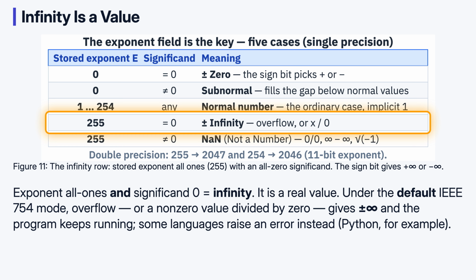Under the default IEEE 754 mode, when a result grows too large to represent, that overflow produces infinity instead of crashing, and dividing a non-zero number by 0 gives infinity too. The program keeps running, and you can test for infinity afterward. Some languages raise an error instead, Python, for example.